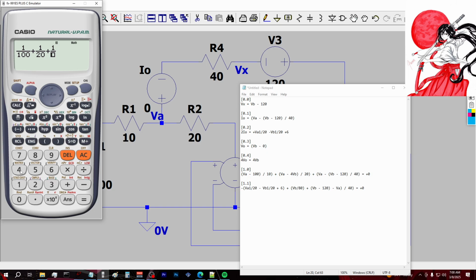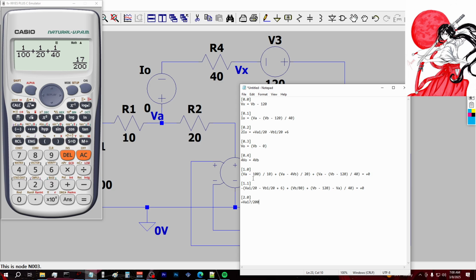And is that all our VA? It is. So we're going to have 17. So let's write that down. We're going to have positive VA, 17 over 200.